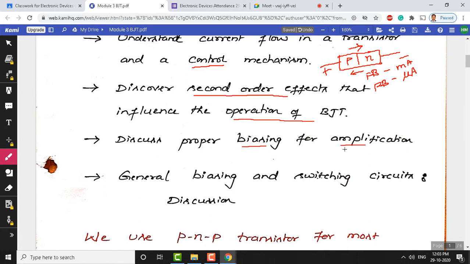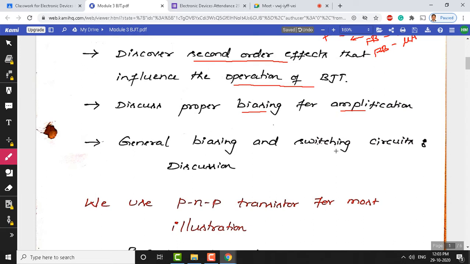We also use BJT in switching circuits. BJT is one of the most popular, fast acting electronic switches. Therefore, when you want to use BJT as an on switch, or as an off switch, we need to again set up the proper biasing. We will come across different regions of operation here.